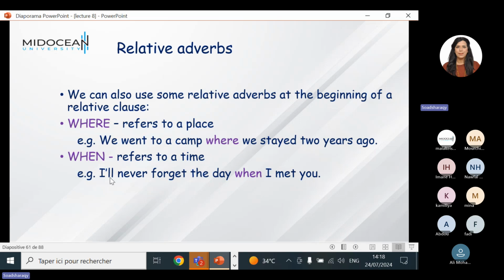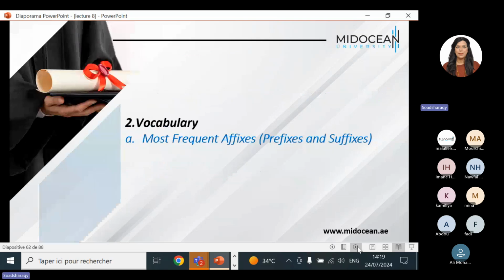Example: I will never forget the day when I met you. So these are called relative adverbs, which of course are used at the beginning of the relative clause. Now I will move on to section 2, vocabulary, part A, the most frequent affixes, prefixes and suffixes.